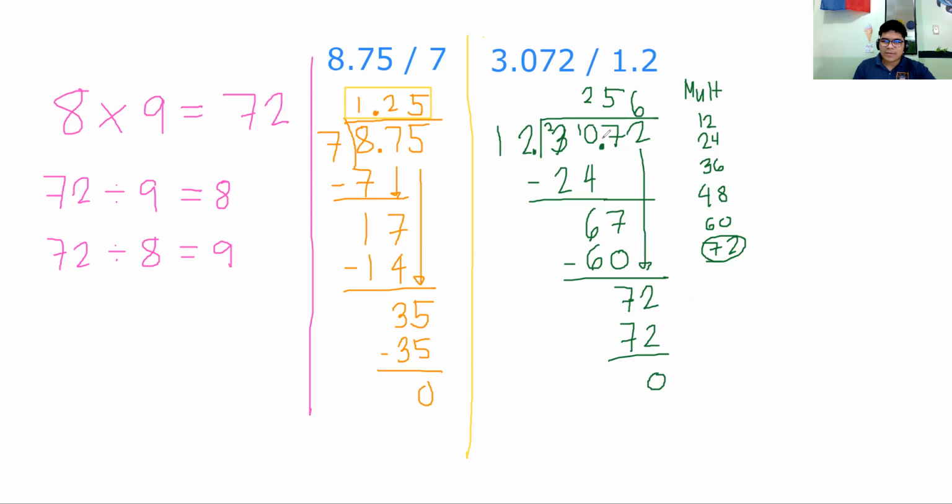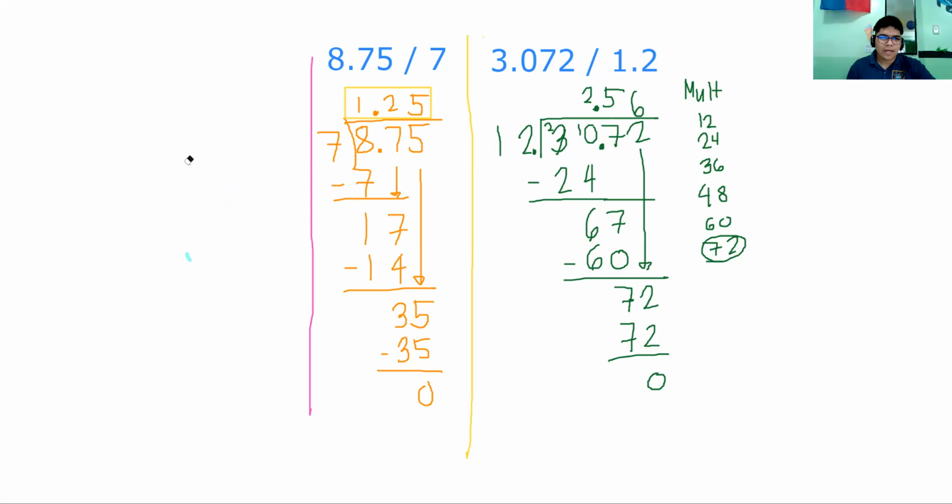What are we going to do with the decimal point? It's the same as before. Let's just put it directly on top. We have 2.56. So all of those, that is how we divide decimals. Okay.